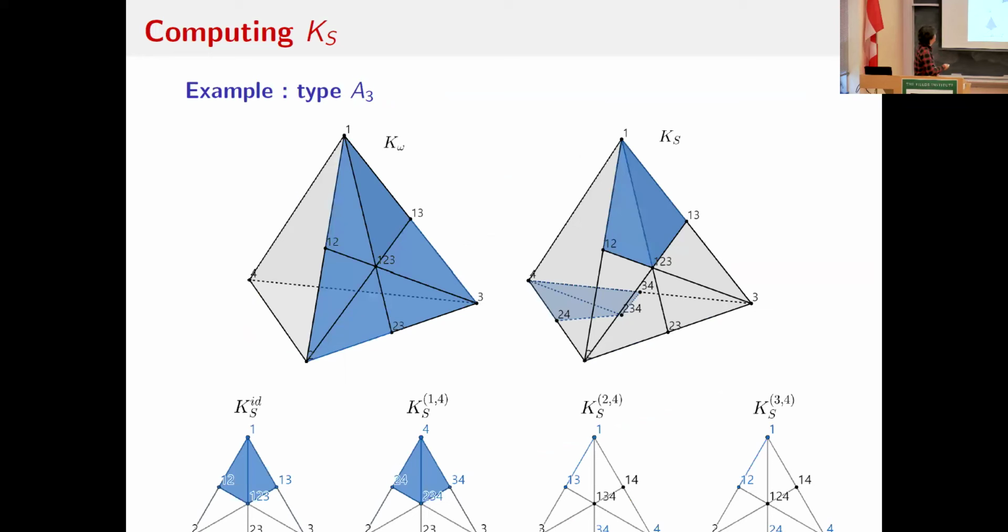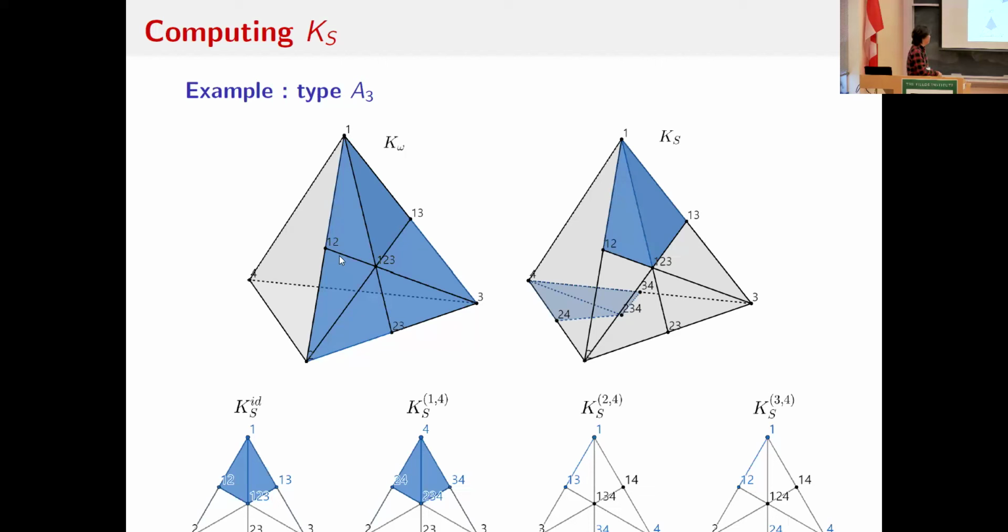Before that, this is an example of the method. So here, this is a K omega of type A3. And here, KS ID is a piece of K omega ID, here this part.